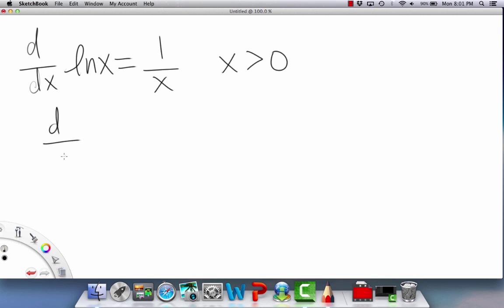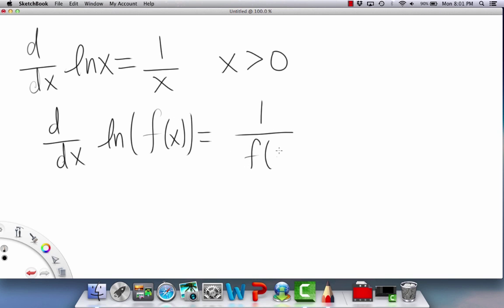So here's the more general one where we have ln of a function of x. So here we have kind of the same thing. Whatever is inside the ln is going to drop to the bottom. So we have our normal f of x, and then we have to implement chain rule again, so f prime of x over f of x. Okay? So let's do an application of this one.